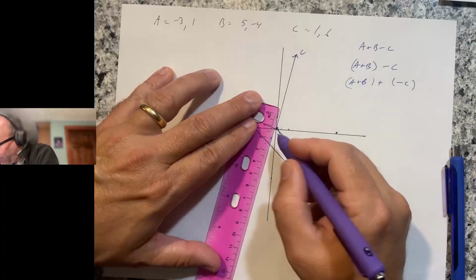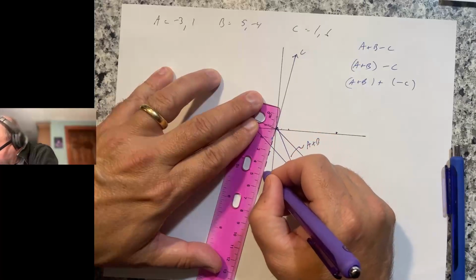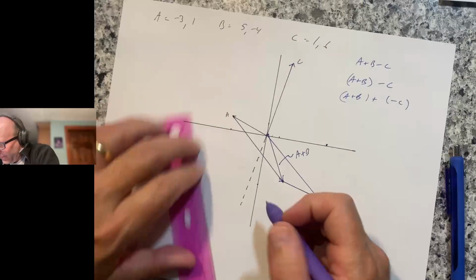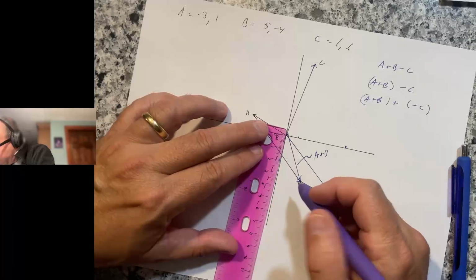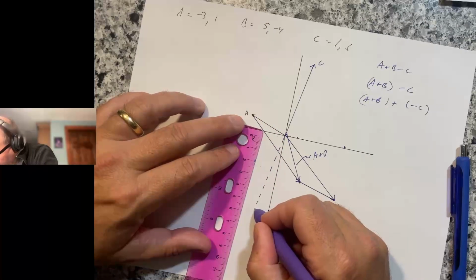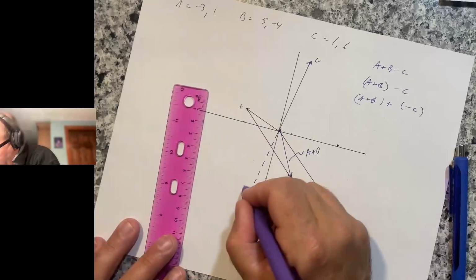And imagine I'm just going to do a dashed line here, all the way down here. It's going to end about here. It's going to be 6 down, so it'll end about here. And this is negative C.